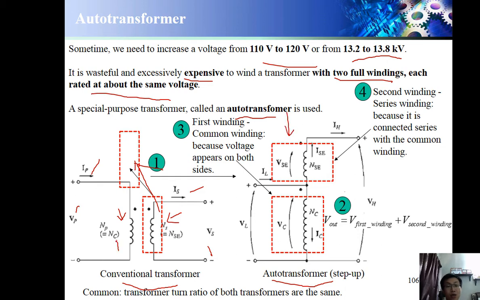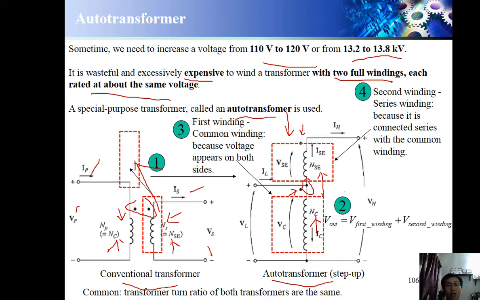You see, this one is common and is still at the bottom. This one is N series. We put it at the top with one connection. The dots are still the same, at the top. So this is the circuit.